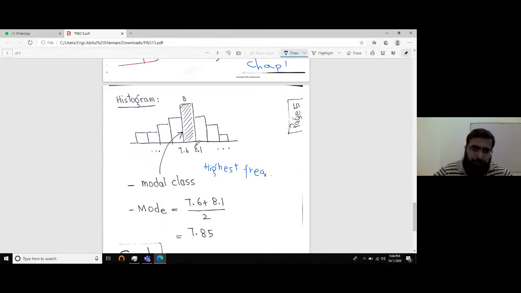And then mode can be computed as the central value of this bin from 7.6 to 8.1. If you go to chapter number 1, you will find this histogram there, and you can see the bin limits. They started from, I think, 5.6.